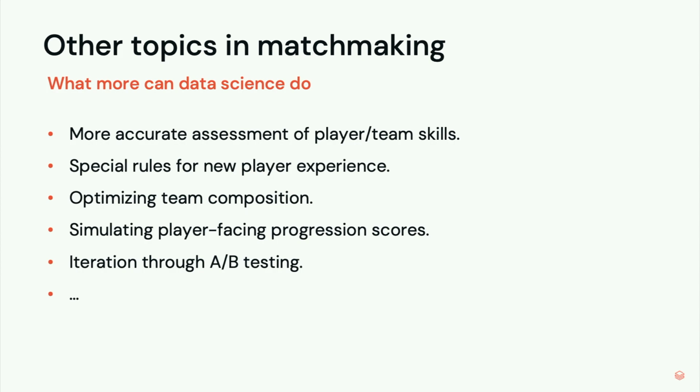Usually, we also need to adjust those based on the outcome of the game, and that is not necessarily the matchmaking rating, because some players are probably not going to improve that fast, but they still want to see progression in their score. So we also help do simulations for the player-facing progression scores, which can be done in the same system.